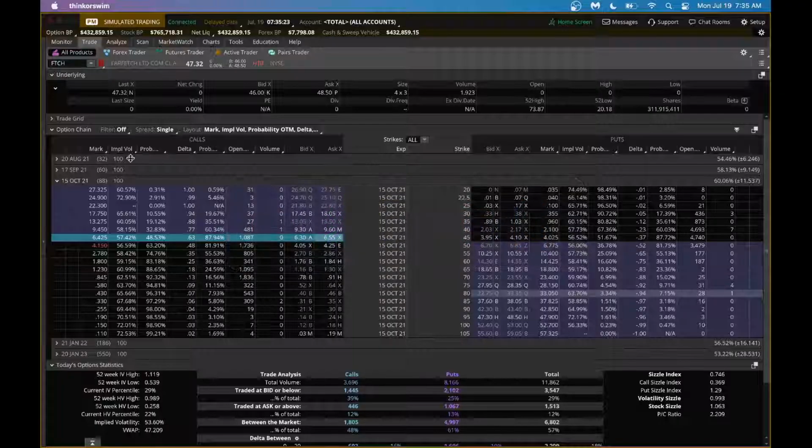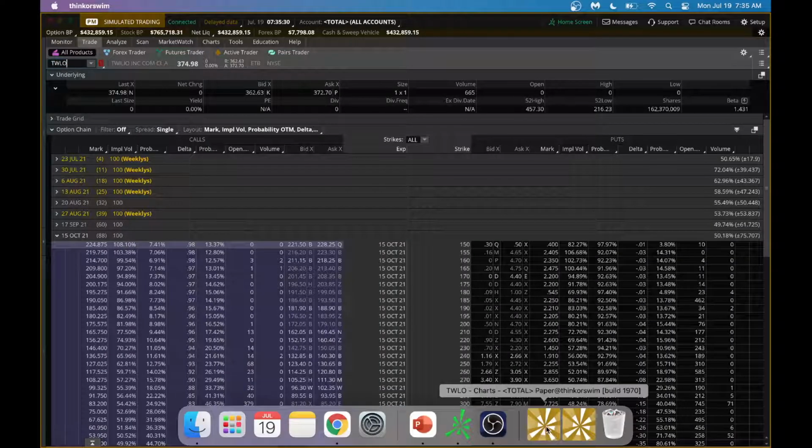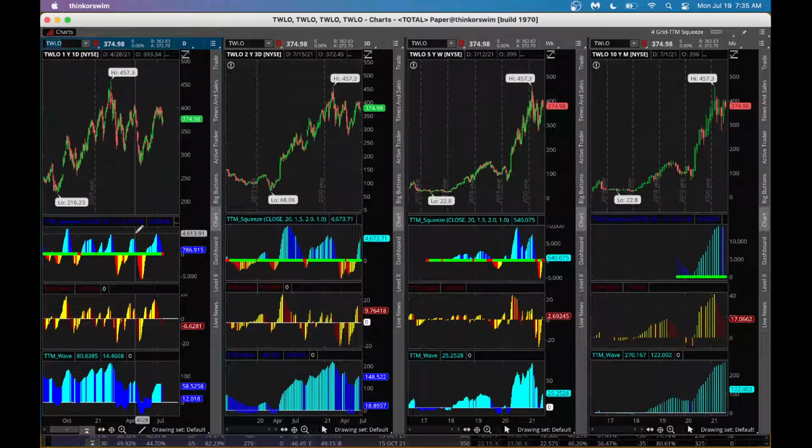If you look at Twilio here, TWLO, and go to the squeeze chart, a squeeze is forming on the daily chart. There's a red dot showing the compression. At this time, the Bollinger Bands are inside the Keltner channel.